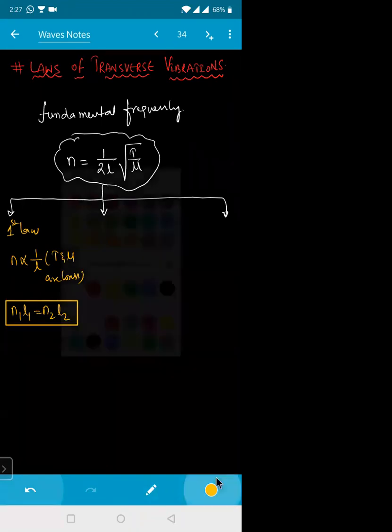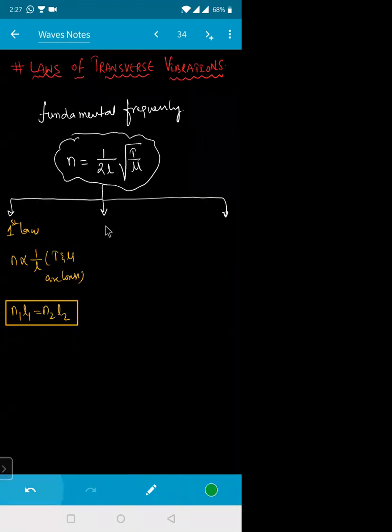Now the second law. N is directly proportional to root of T, when the length and mu are constant. The length of the wire and linear mass density remain constant. That means I can write N2 divided by N1 is equal to root of T2 divided by root of T1. If I draw a graph of frequency versus root of T, there will be a straight line passing through the origin.